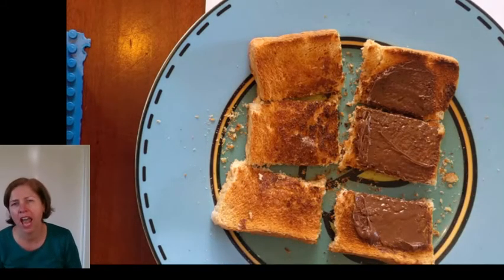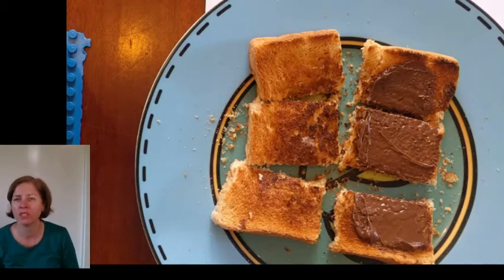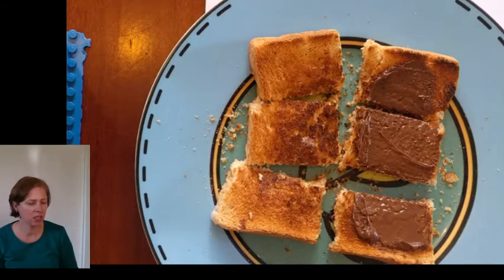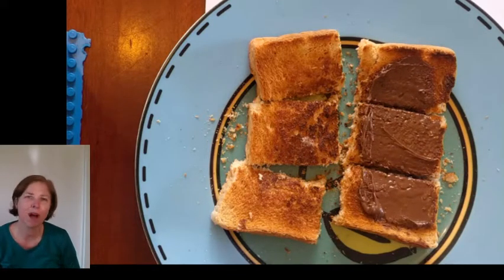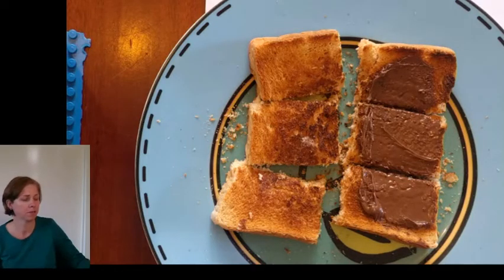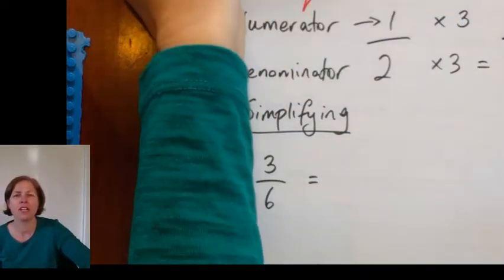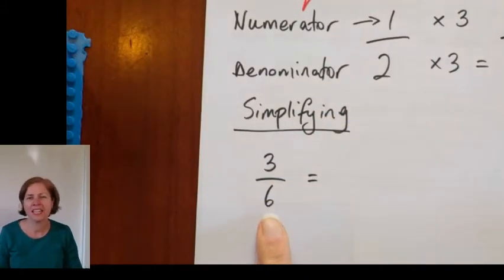So I've still got half a piece of toast with Nutella on it and half a piece of toast without Nutella on it. So instead of saying I've got 3/6, it might be easier for people to understand me if I say 1/2.